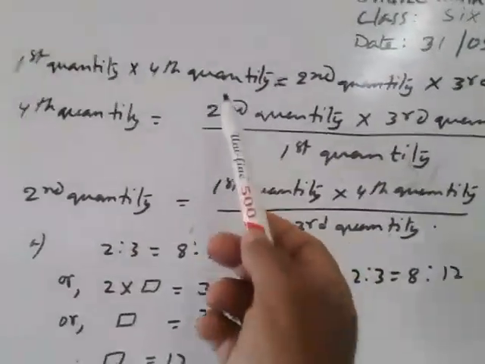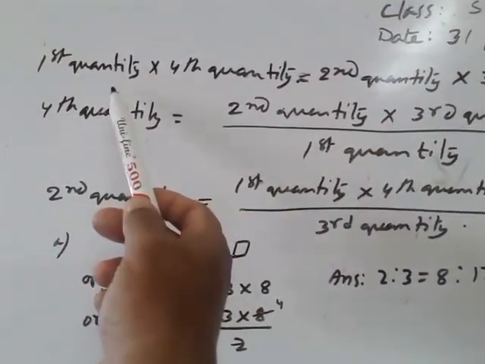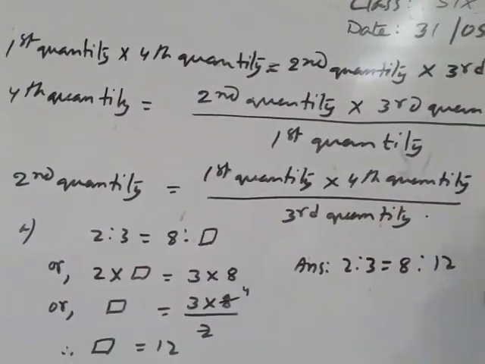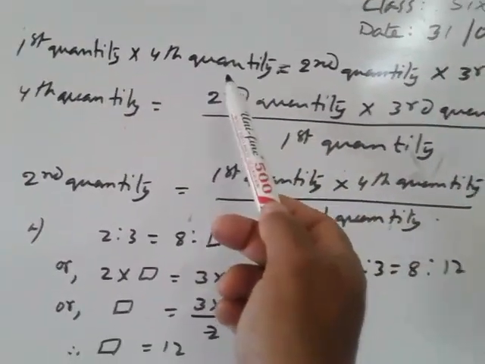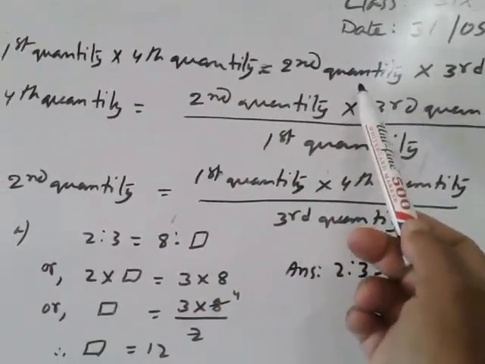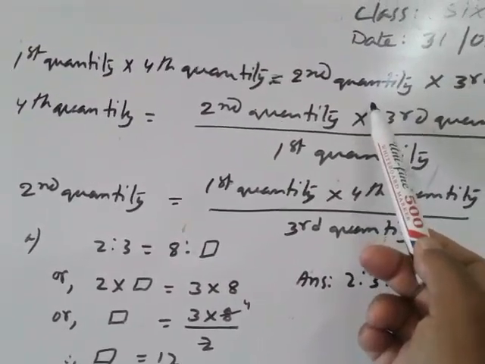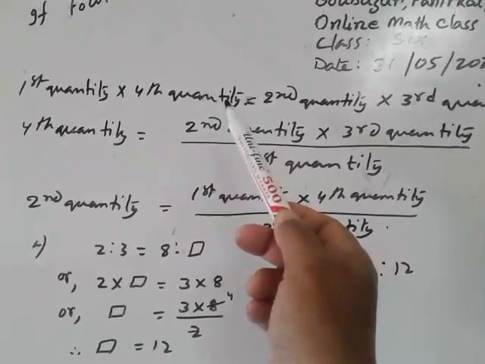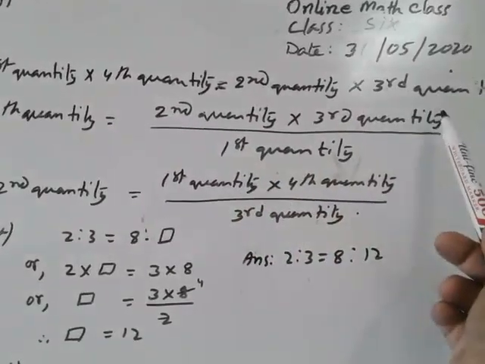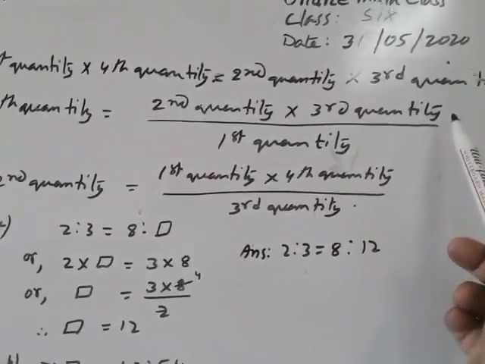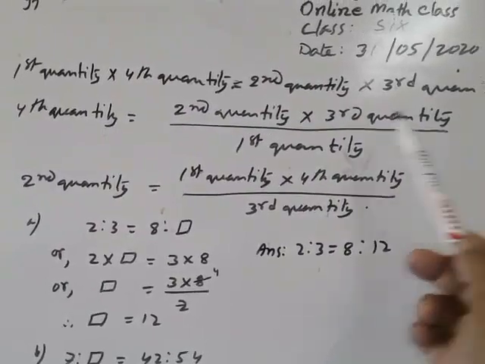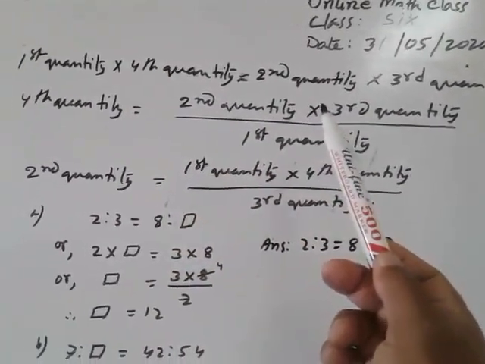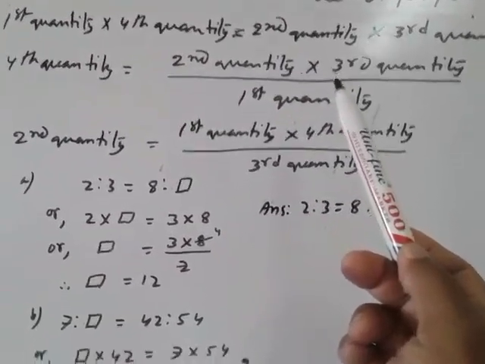If we want to find out the first quantity, then second quantity multiply third quantity divide by fourth quantity. If we want to find out the second quantity, then first quantity multiply fourth quantity divide by third quantity. If we want to find out the third quantity, then first quantity multiply fourth quantity divide by second quantity.